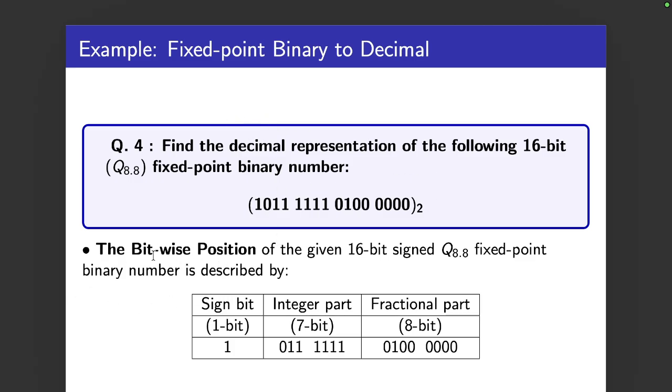Now, the bitwise position of this 16-bit Q8.8 fixed point number: the leftmost bit is the sign bit, 1, the next 7 bits are for the integer part, and the next 8 bits for the fractional part.